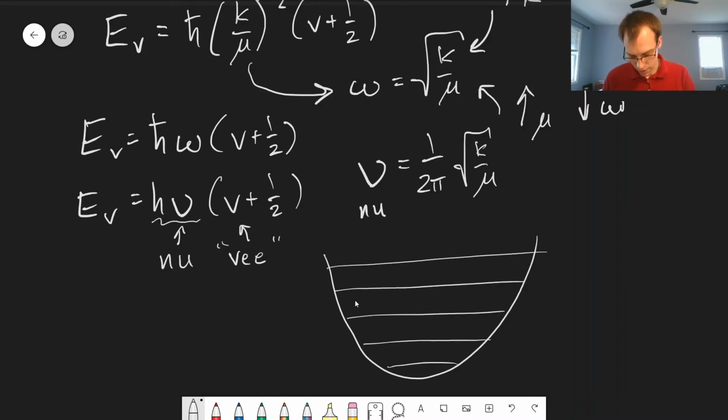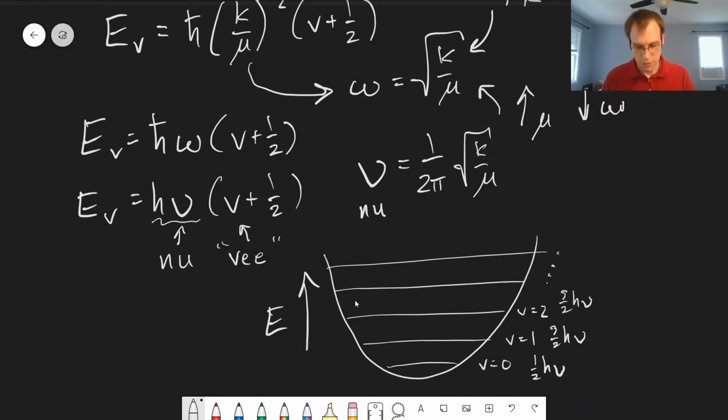This is v equals 0, v equals 1, v equals 2, on up. For v equals 0, we get 1/2 h nu, then 3/2 h nu for v equals 1, 5/2 h nu for v equals 2, and you just add an h nu for each energy level.